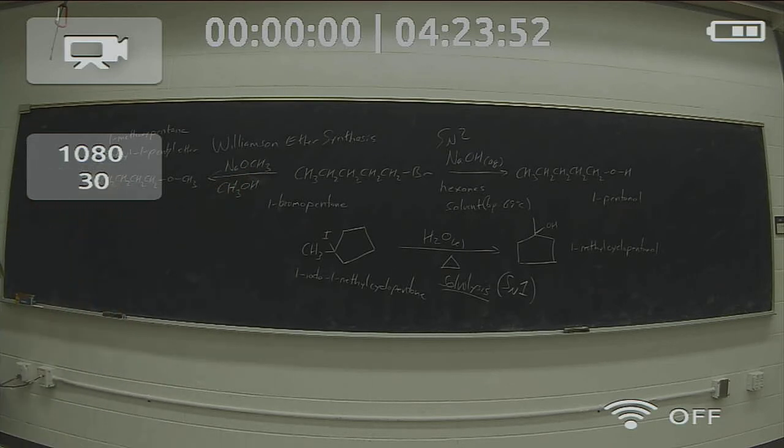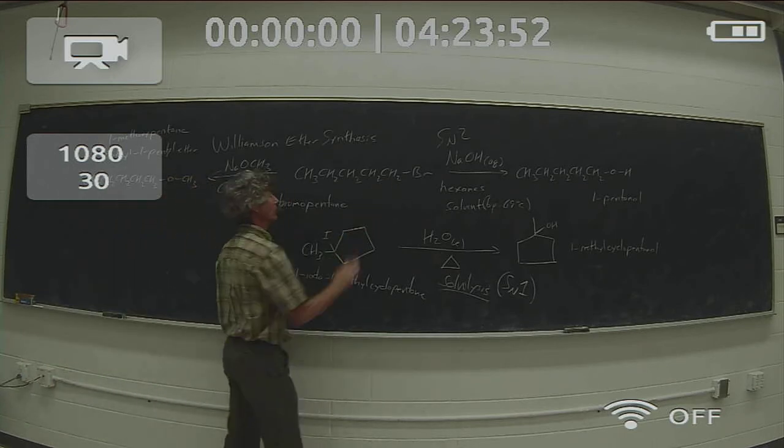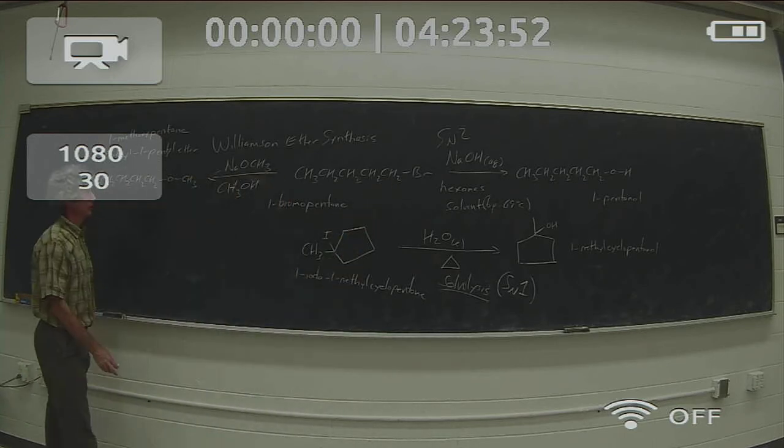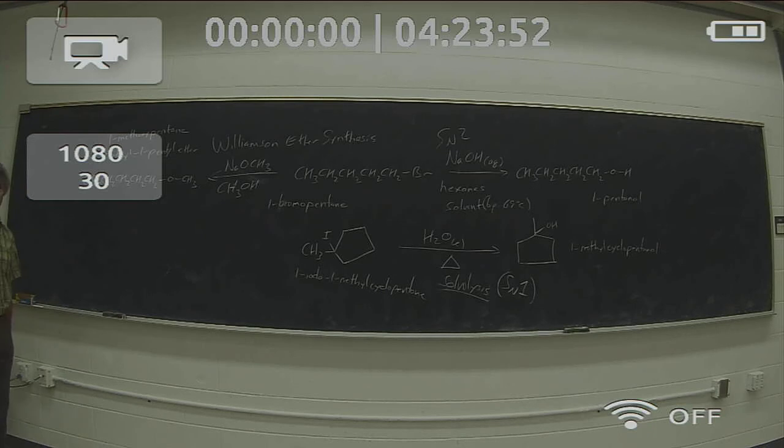If there's branching at either position, either the alpha carbon of the alkyl halide or in the alkoxide ion, then E2 elimination is likely to take over and the Williamson ether synthesis is much less effective.